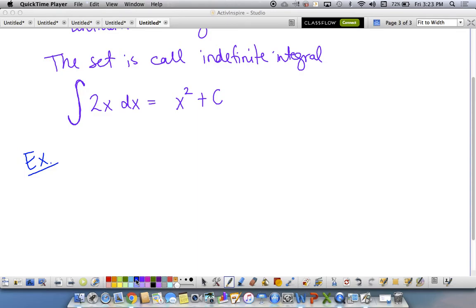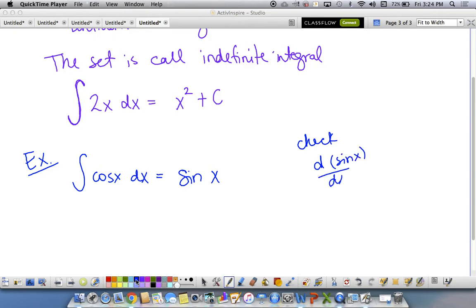Technically that was our first example. Can you find the integral of cosine x dx? What function, when I take the derivative of it, gives me cosine x? Well, it can only be sine x. So then we're going to check: what's the derivative of sine x with respect to x?